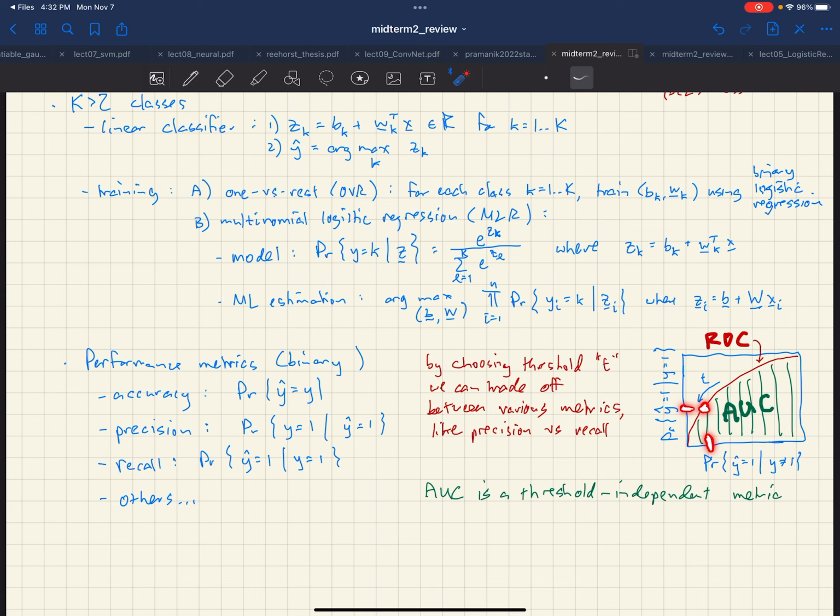But now you can see that the AUC is more than just that t. The AUC is measuring every possible t that you could choose. So the AUC is measuring the area under this curve. And the curve is defined by all possible threshold choices from minus infinity to infinity. Does that make sense? Okay.